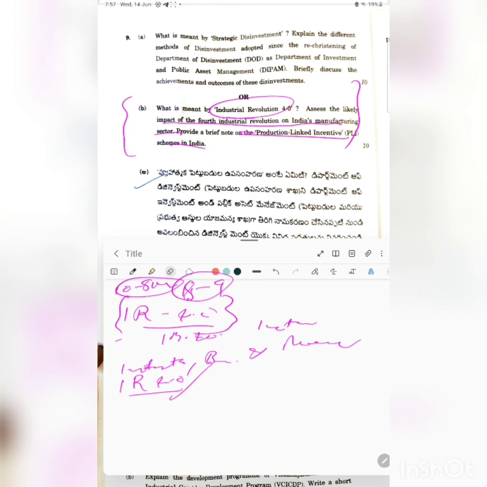And for the likely impact on Indian manufacturing, I wrote that productivity gets increased, ease of doing business, and a rise in the share of manufacturing. Then I wrote how India's manufacturing sector productivity is going to increase, and that more automation can happen.